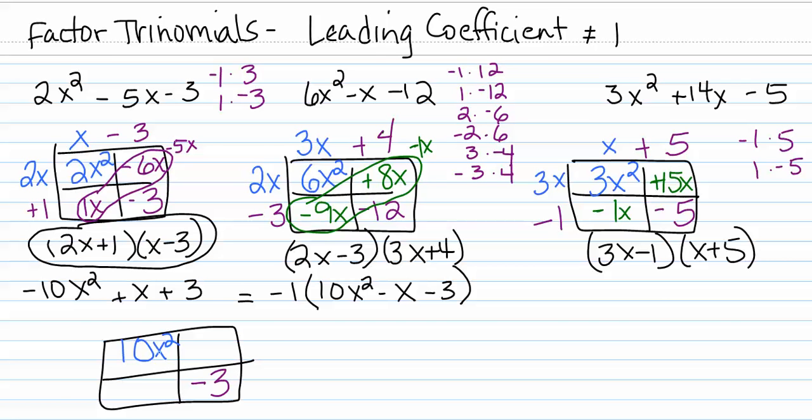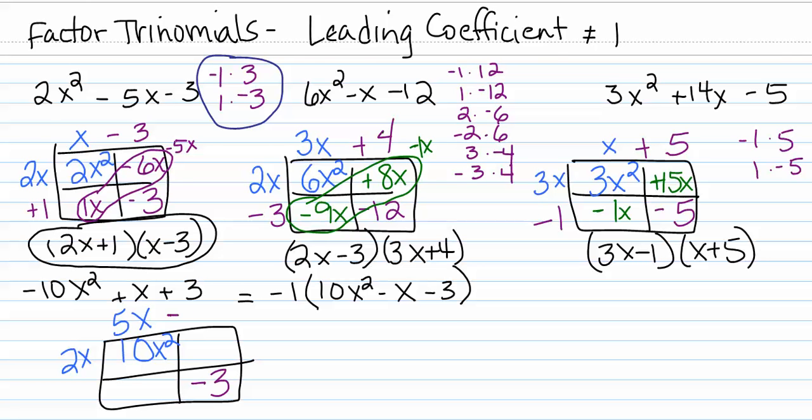Numbers that I multiply together to get 10x squared could be 2 times 5, or it could be 10 times 1. I'm going to start with the 2x and the 5x. My combinations for negative 3 are the same that they were up here in example number 1. Negative 1 times 3, or 1 times negative 3.